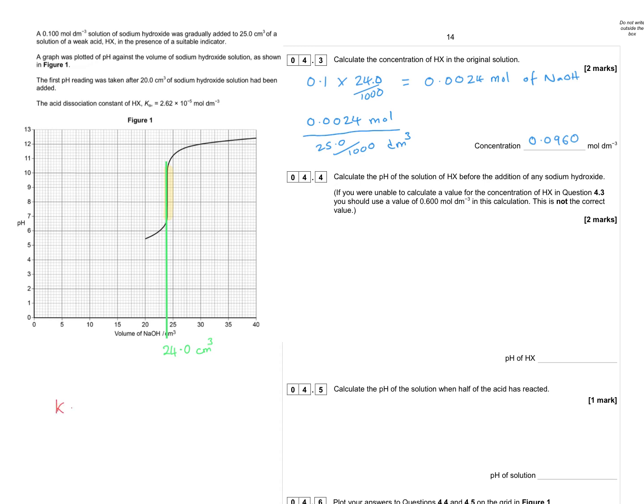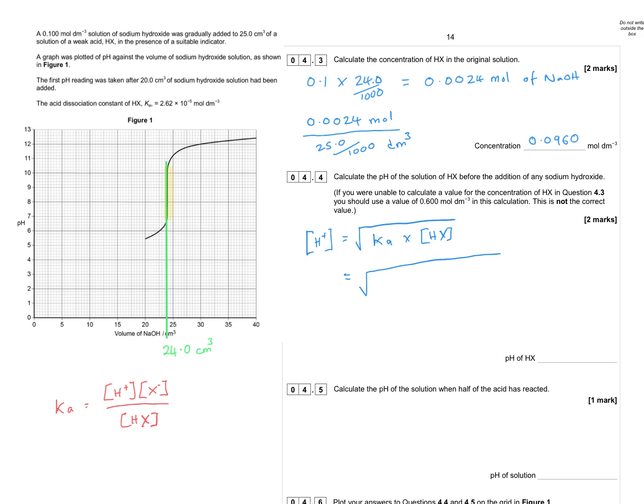So then we're asked to calculate what the pH of the solution of HX was before any sodium hydroxide was added. So what was the original pH? If we remind ourselves of that expression for Ka that we wrote on the previous page, and rearrange it to make H+ the subject, then H+ is going to be equal to the square root of Ka times HX. Remember, we're saying that X- and H+ are the same, so we can use the square root.